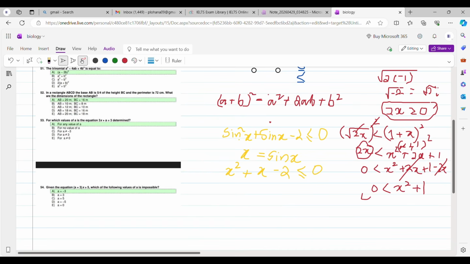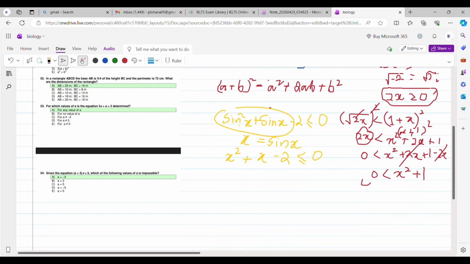Now if I put any angle here, for instance 0 degree, 45 degree, 30 degree, 60 degree, or maybe 90 degree, what values will you have? This is what the question is trying to ask us. If I try any angle, I'll have my value of sine x.